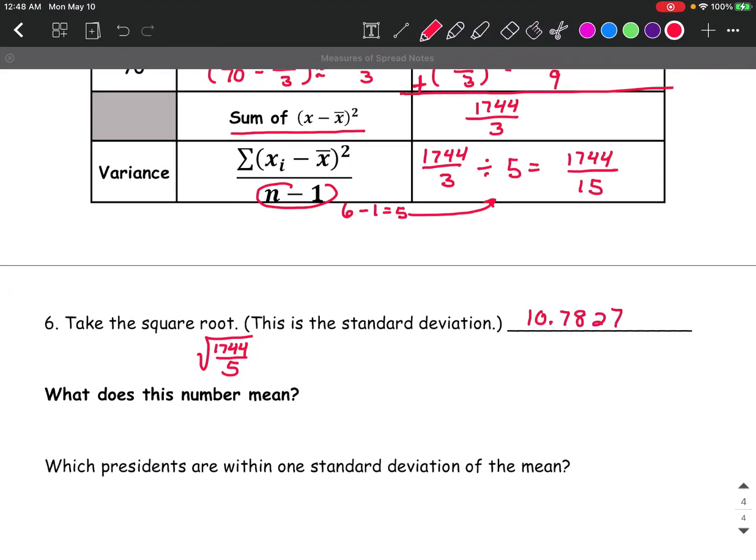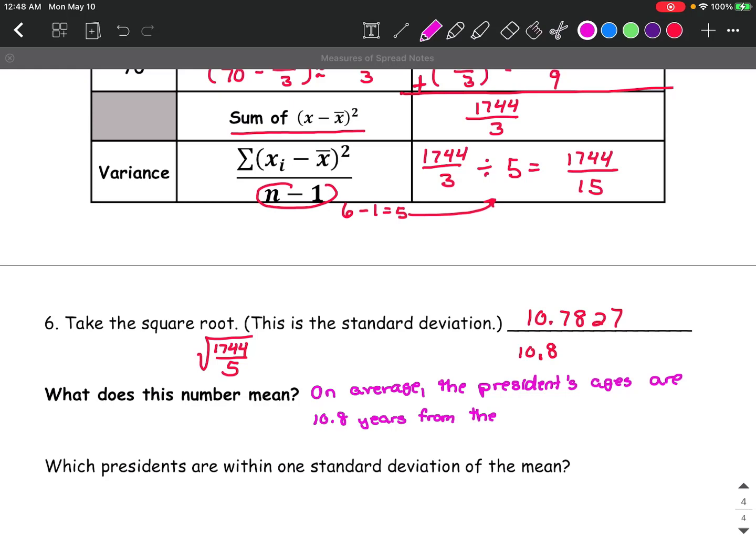Now usually we'll have you round that to the nearest tenth or the nearest hundredth, so maybe it's about 10.8. So what does this mean to us? It means, on average, the president's ages are 10.8 years from the average age of 58.3. Remember we said earlier that the mean age was 58.3?